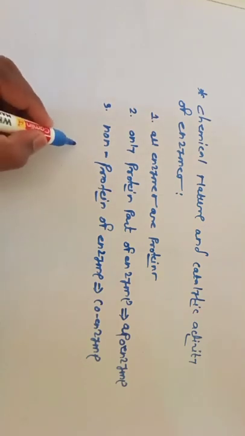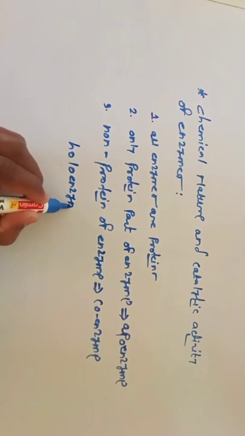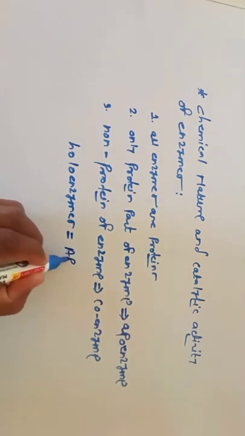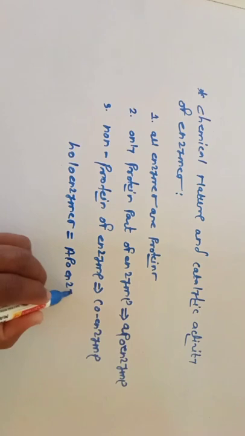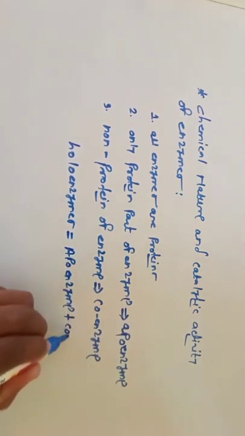So what is this holoenzyme? Holoenzyme is a combination of apoenzyme plus coenzyme.